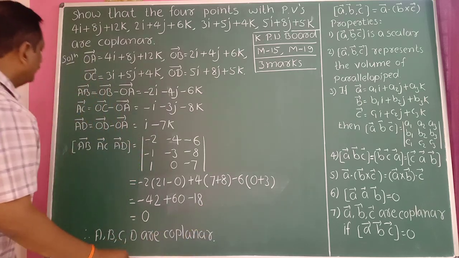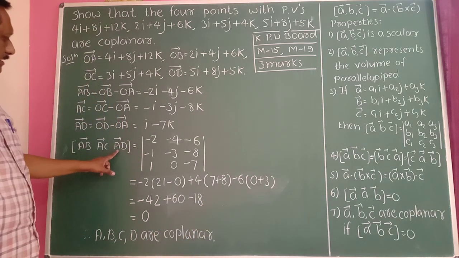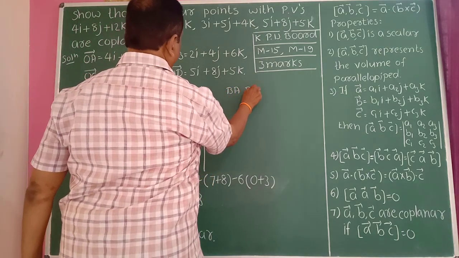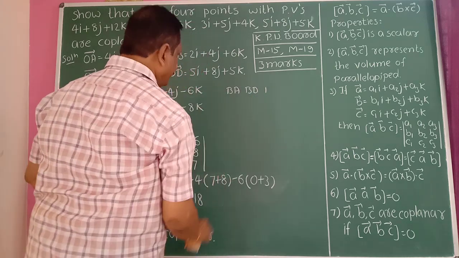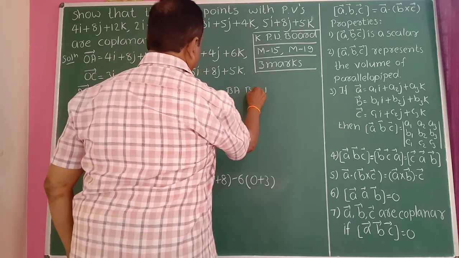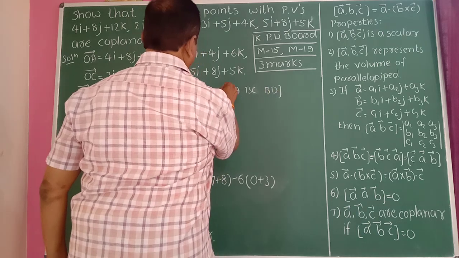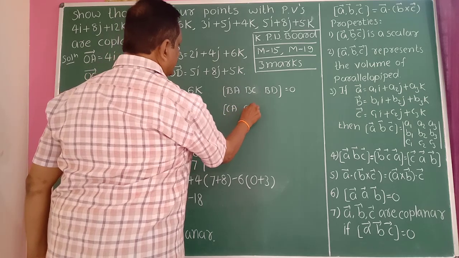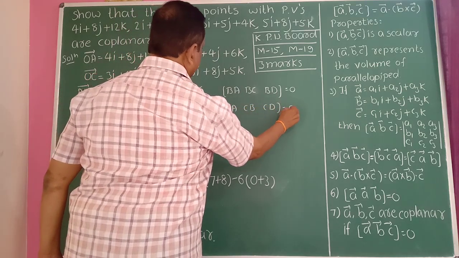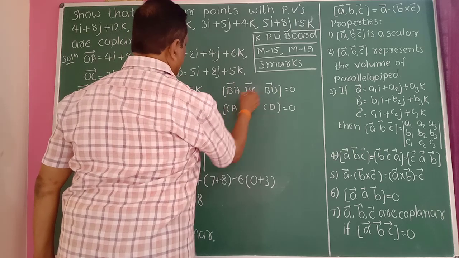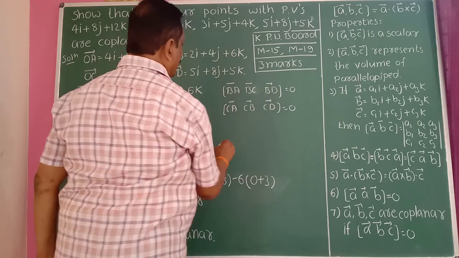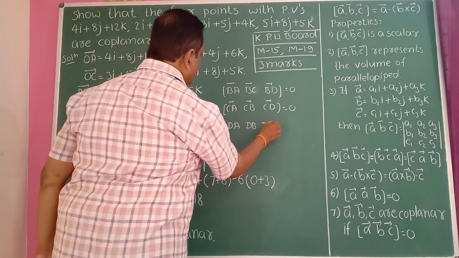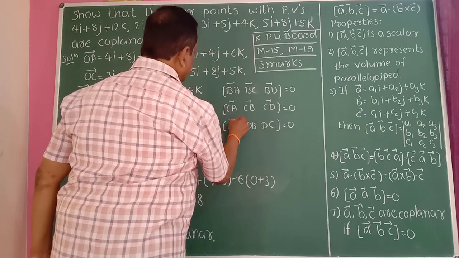Okay, therefore here you can take AB, AC and AD. Even you can take BA, BC and BD equal to 0, or you can take CA, CB and CD equal to 0, or you can take DA, DB, DC equal to 0.